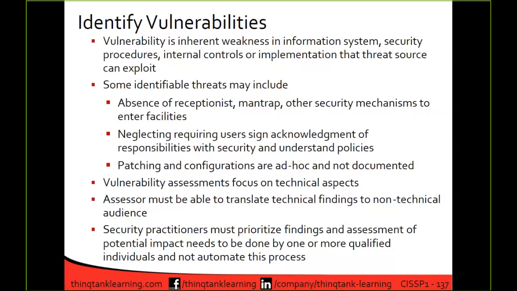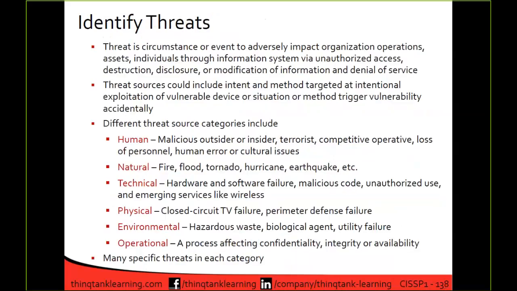So as an assessor, you have to be able to translate those findings to a non-technical audience so that you can convince them to implement whatever mitigation technique is required. All right, so you have to prioritize your findings, identify the potential impact, et cetera, et cetera, et cetera. All the stuff we've been talking about for the last 7 or 8 hours or 9 hours or so. Okay?